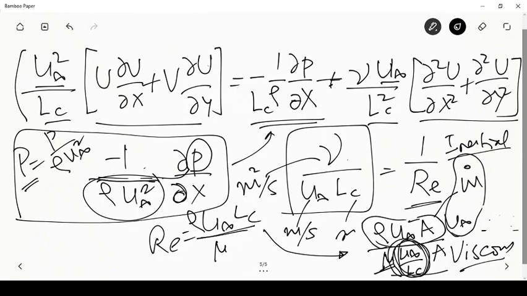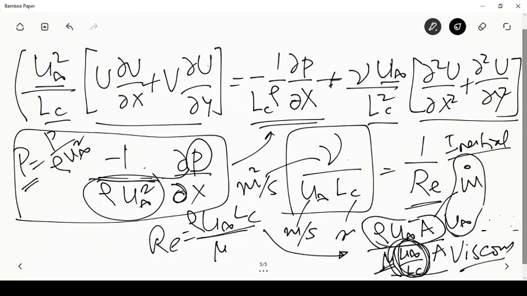Then the disturbances that are introduced to the flow cannot die down that easily, and therefore the flow can become unstable and become turbulent. But when the viscous forces are dominant, the Reynolds number is small, then whatever disturbances you introduce into the flow are controlled by the viscous forces that are present, and therefore the oscillations die down and the flow remains stable.